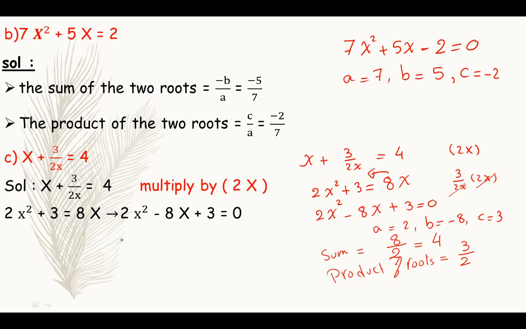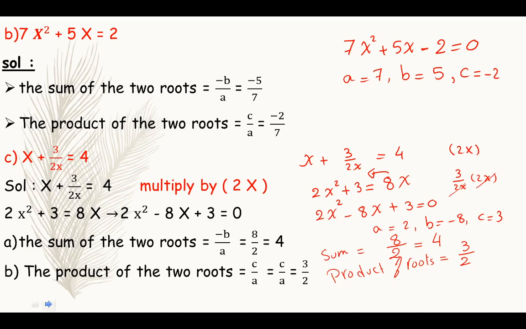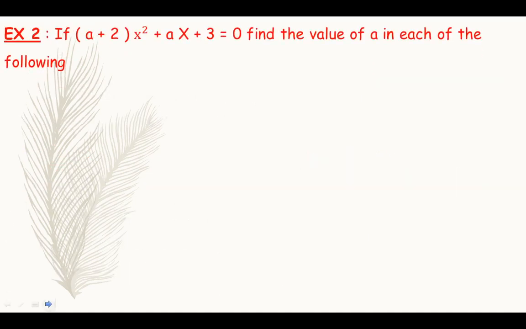Here a equals 2, b equals negative 8, c equals 3. So the sum of the two roots is negative b over a, which equals 8 over 2, this is equal to 4. The product of the two roots will be c over a, which equals 3 over 2.